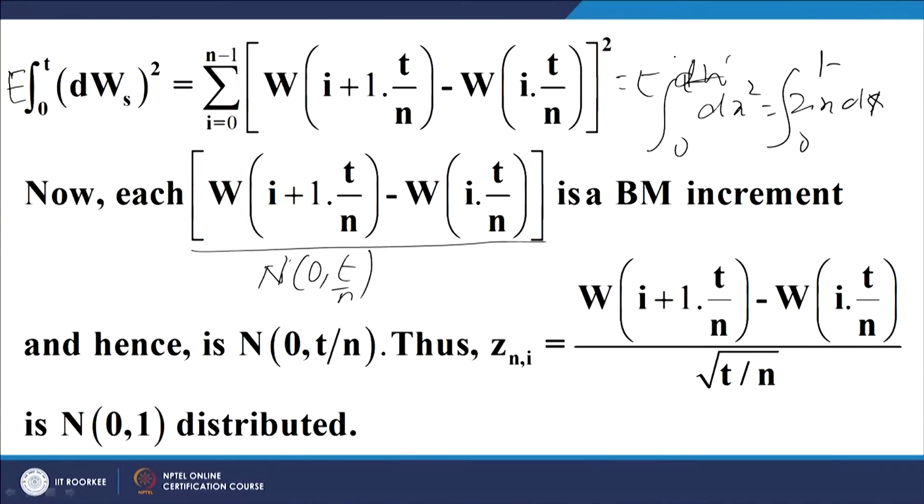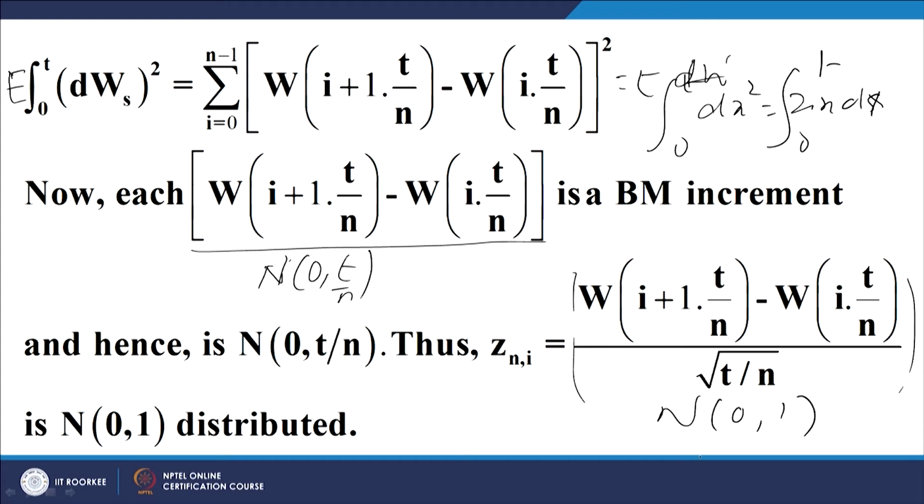Just to recap quickly, this expression is a normal variate with a mean of 0 and a variance of t upon n. Therefore, when you divide by root t by n, it is N(0, 1).